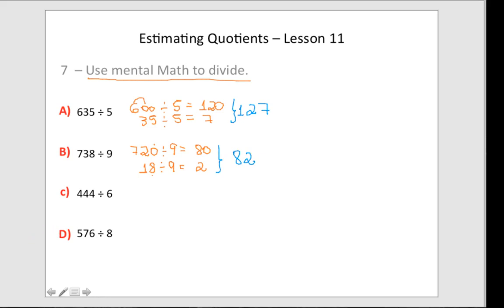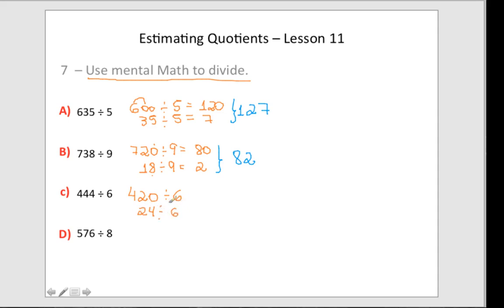Okay, and now here, 444 divided by 6. I know that 42 is divisible by 6. So I will use 420 divided by 6, but it's still missing. Missing how many? 24. 24 is also divisible by 6.